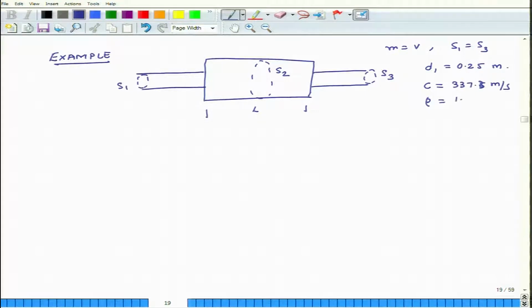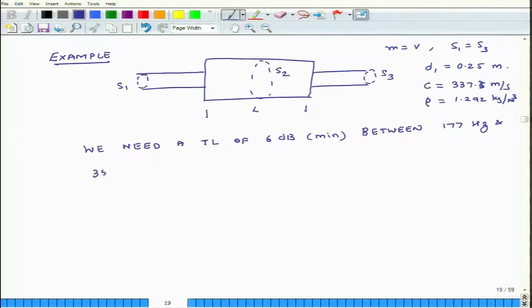Air density is 1.292 kg per cubic meter, and here is the requirement: we need a TL transmission loss of 6 decibels minimum between 177 hertz and 354 hertz.